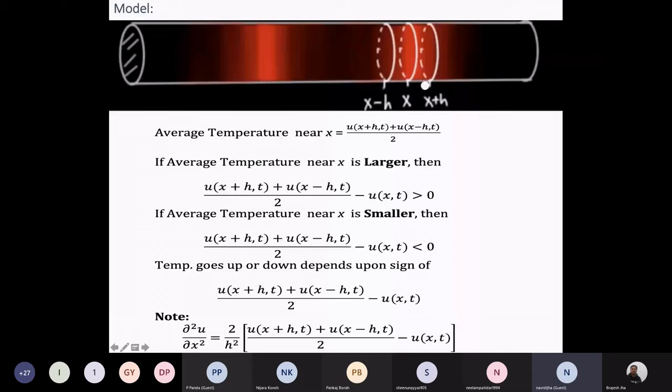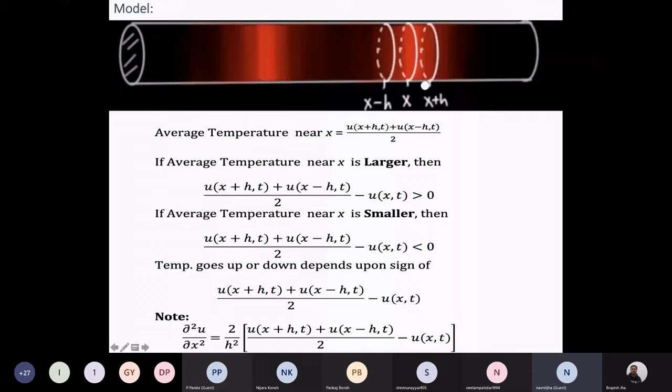This is the average temperature near x. Now, simple logic: if temperature near x is larger, what will happen? This average minus u is certainly greater than 0. Isn't it? And certainly, if the average temperature near x is smaller, then what will happen? This average minus u is less than 0.